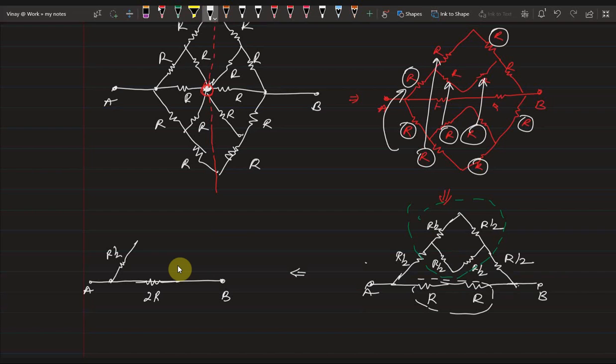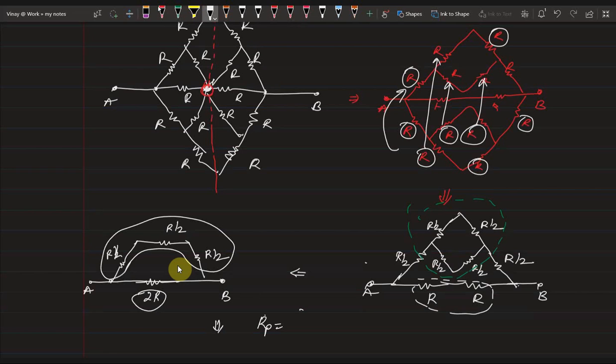Now, all the 4 resistors are equal. Therefore, this resistance will be R by 2. And this resistance will be R by 2. Now, again, in the numerator, all 3 are in series. Then effective resistance is 3R by 2. And this is 2R. So, 3R by 2 and 2R are in parallel. Then effective resistance in parallel is 3R by 2 into 2R divided by 3R by 2 plus 2R.